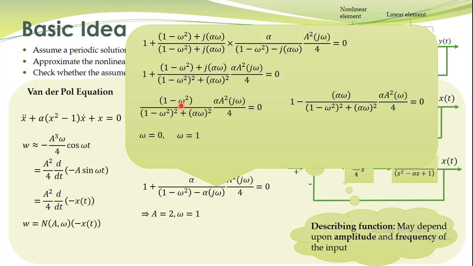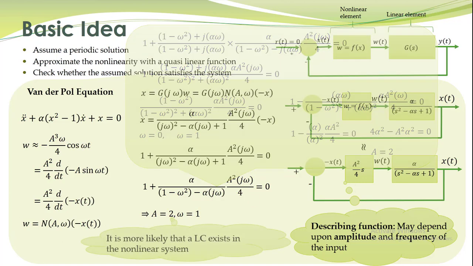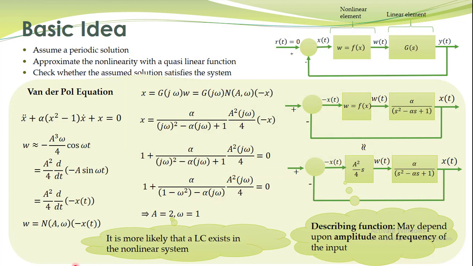If you substitute omega equal to 1, this also comes out to be equal to 0. So this is a solution to this part, and then substitute this omega. This is a trivial solution. We talk about this solution, substitute it over here, and then we have this relation, and from this relation you can rearrange the terms and finally find the value of a. So this is something which you already know, and hence the conclusion is that it is more likely that a limit cycle will exist in the nonlinear system.